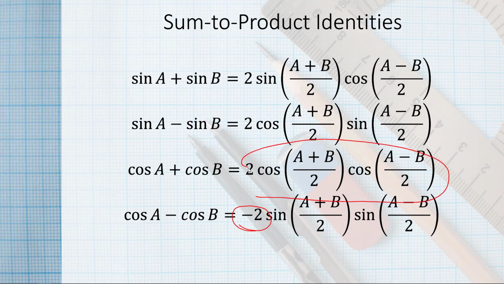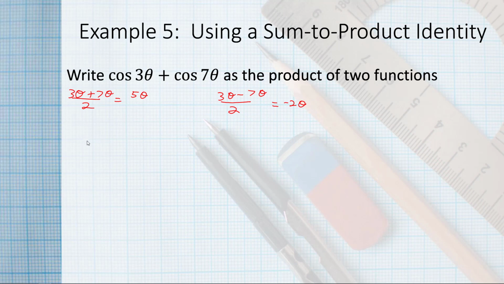Okay. So we are going to have that the cosine of 3 theta plus the cosine of 7 theta is going to be equal to 2 times the cosine of this value, which is 5 theta, times the cosine of this value, which is negative 2 theta.